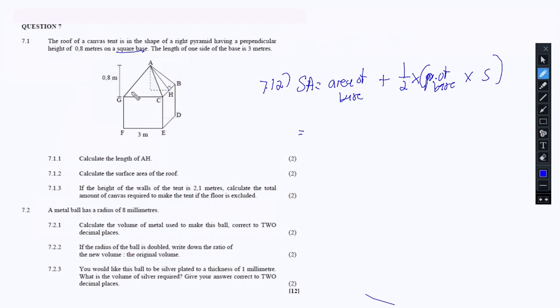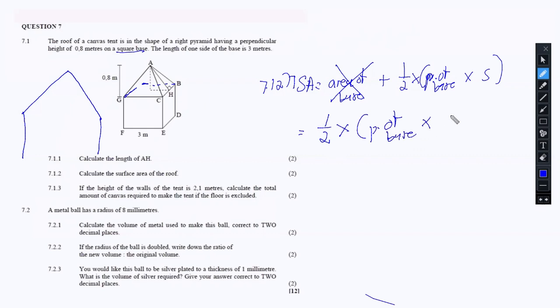A tent just goes over like that to the roof and covers the sides. So the total surface area also includes the area of the base, but since the tent does not have a floor here, we cannot consider the area of the base. In other words, our surface area here would only need to be represented by 1/2 times the perimeter of the base, multiplied by the slant height.